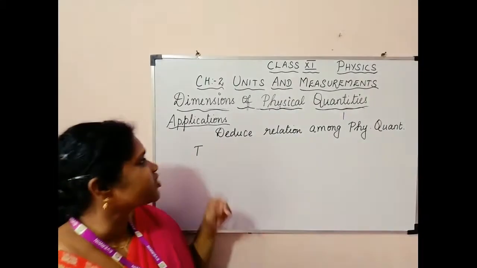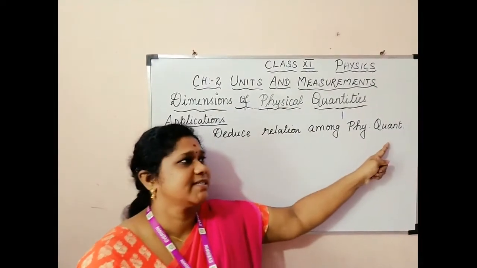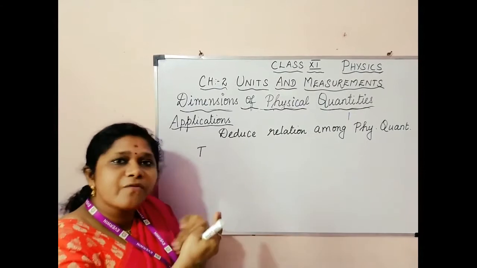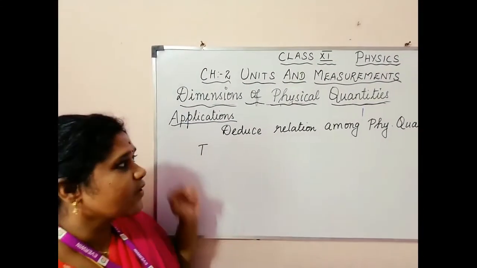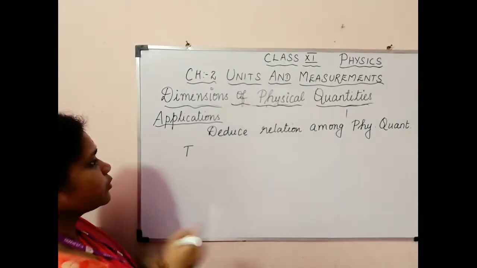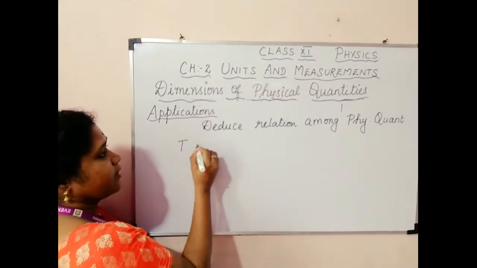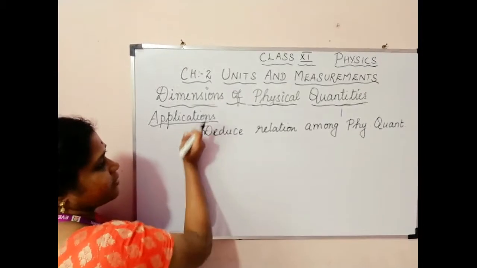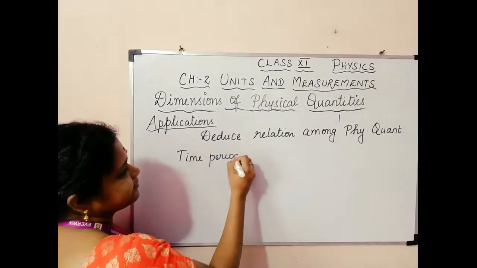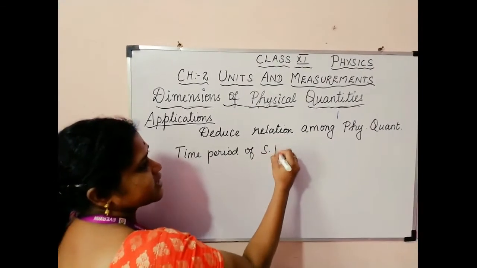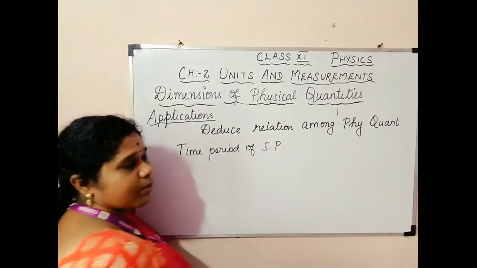The second application is to deduce relations among physical quantities, which means we are going to frame the formula once you know the basic physical quantities. For example, if you want to find a relation for the time period of a simple pendulum, you are going to deduce the relation among the physical quantities.